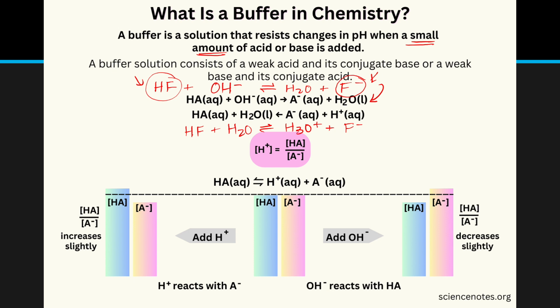And remember, we can write this more simply without the water, and it could be written as HF reacts to form H plus and F minus. So this is this, and this is this.